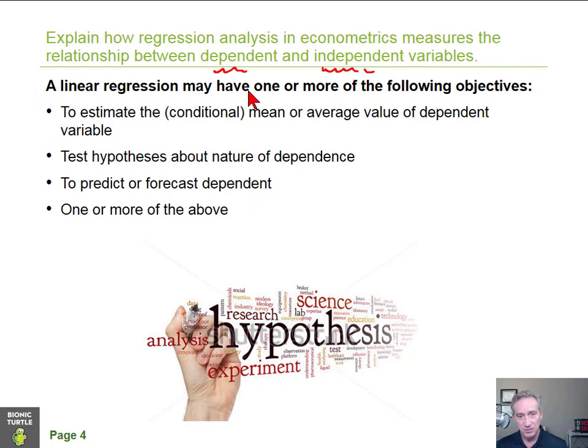But the linear regression may have one or more of the following objectives: to estimate the conditional mean of the dependent variable, to test a hypothesis about the nature of dependence, to predict or forecast dependence, and one or more of the above.